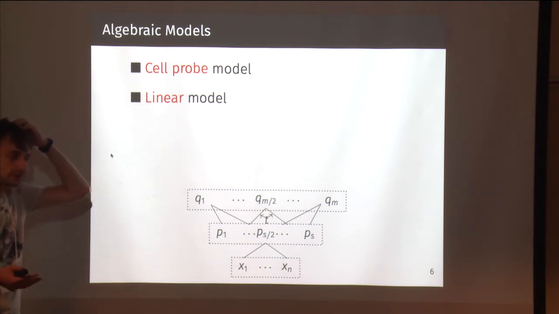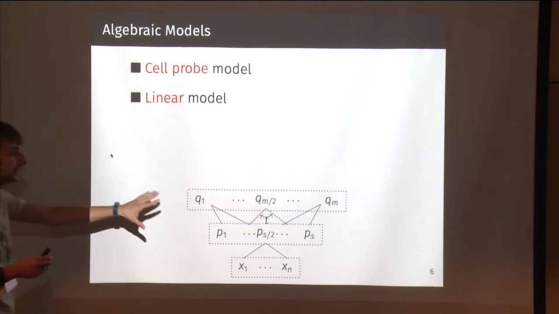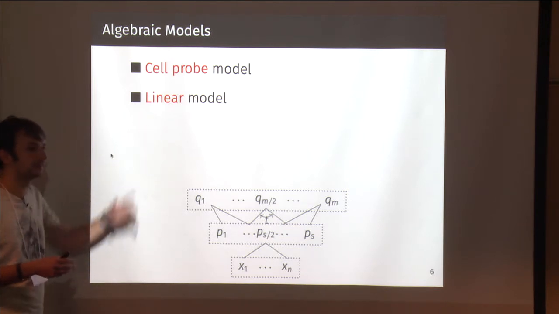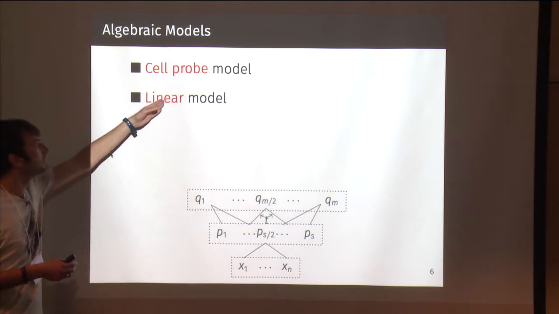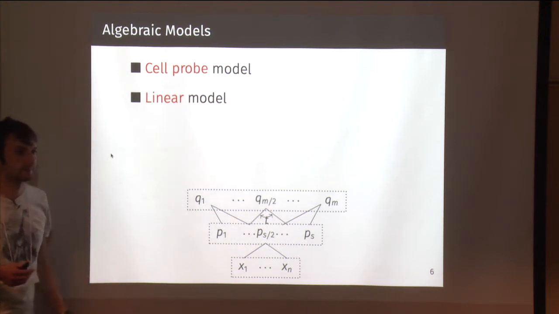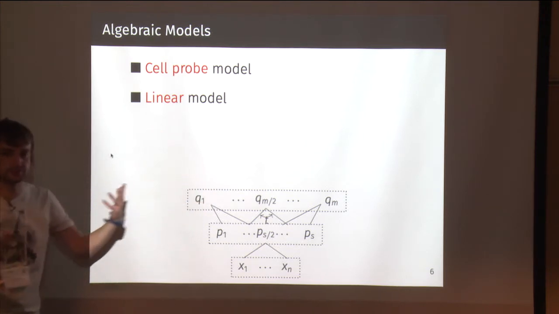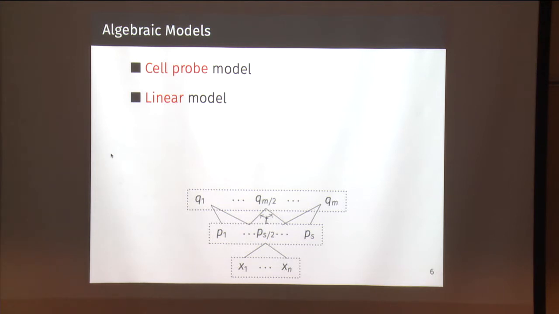It's actually conjectured that for linear problems, linear data structures should be essentially optimal. So if you prove a lower bound here, then it's conjectured that for the same problem, it should extend to models like this. Here, it's not necessary to have an algebraic model, right? You could also say you have some restricted circuit or something. Yeah, this we essentially didn't study yet. We're looking at algebraic models, arithmetic models.